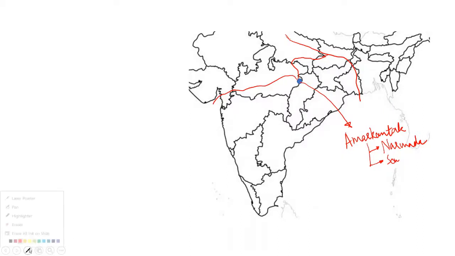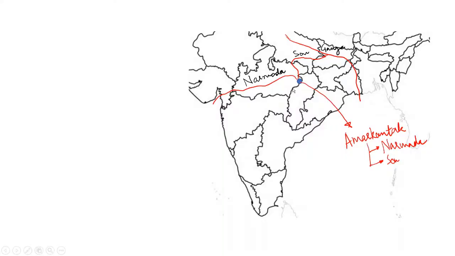So, this is a very interesting fact that the Narmada River drains into the Arabian Sea, while the Son River becomes a tributary of the river Ganga, and it drains into the Bay of Bengal.